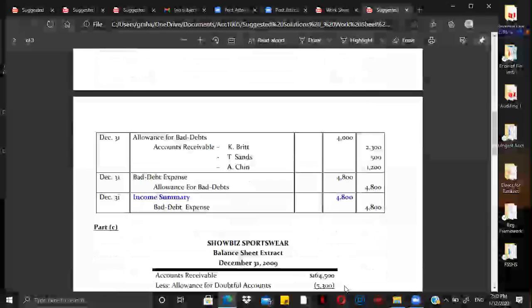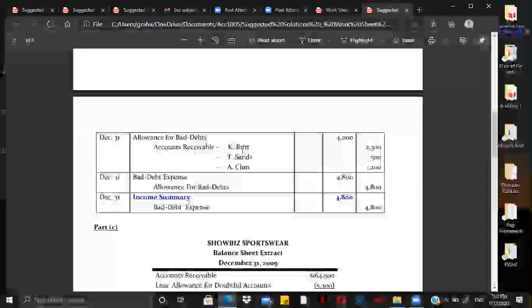So we're basically doing the reverse of this. And now we're crediting allowance for bad debts with 1,500 because we want to be restored to before July 1st. We want to take July 1st out of it because now she's giving us our money.